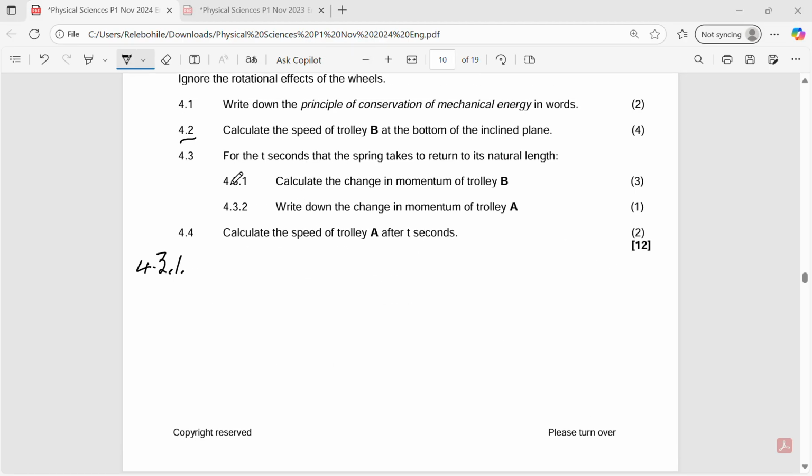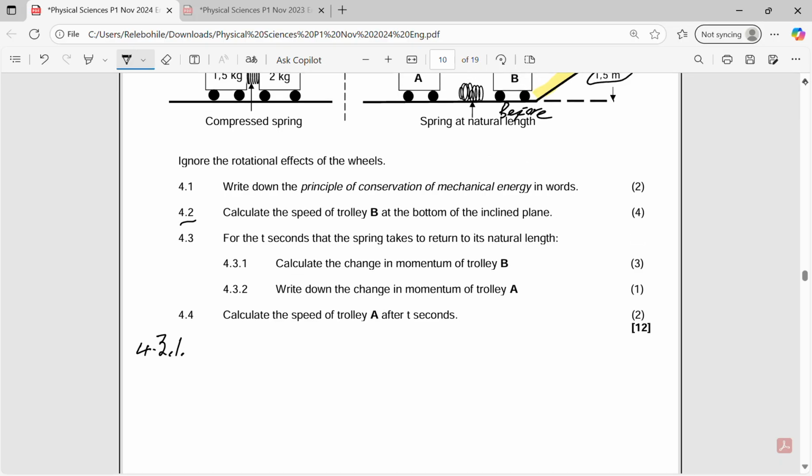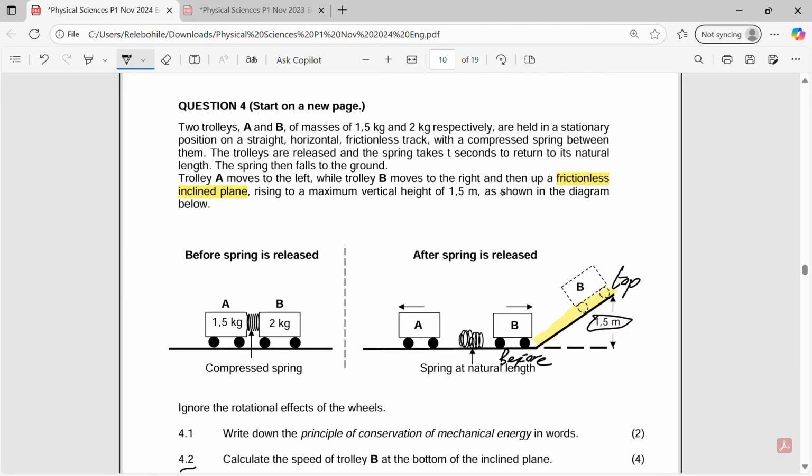Okay, for 4.3, they say, for the t seconds that the spring takes to return to its natural position, calculate the change in momentum of trolley B. So, guys, we have to remember that this spring fell off. They said that the spring falls to the ground, but the question they are asking here is before the spring actually falls to the ground.